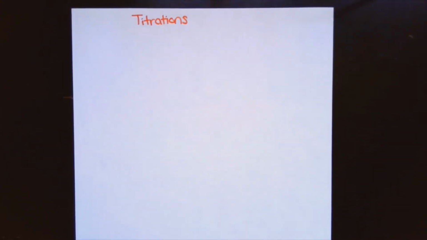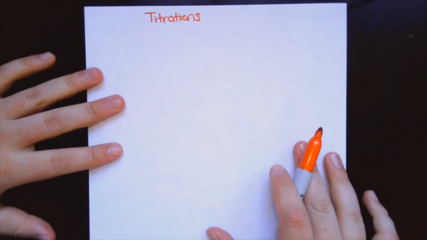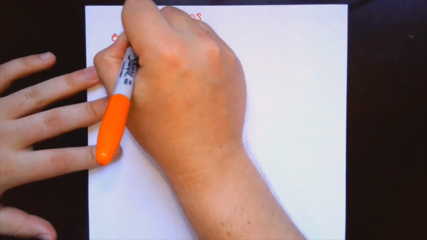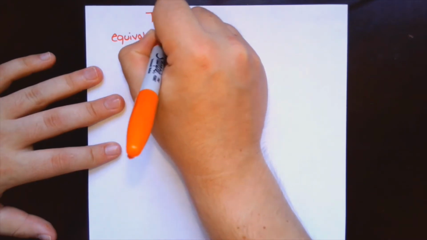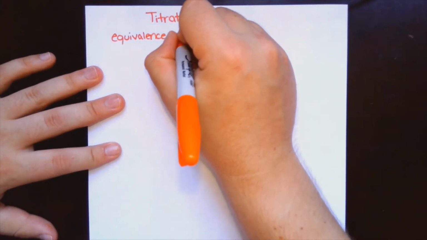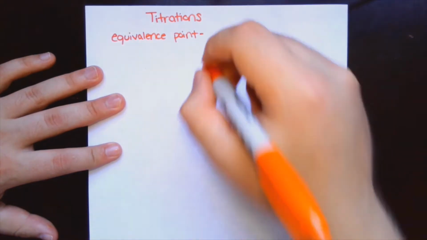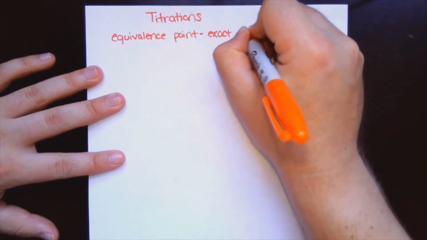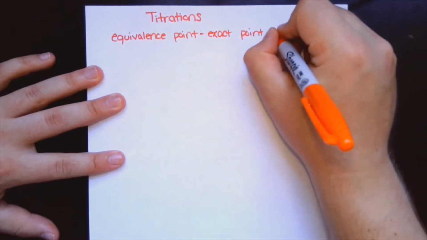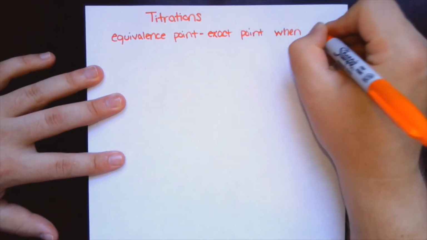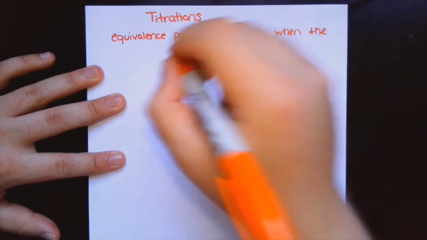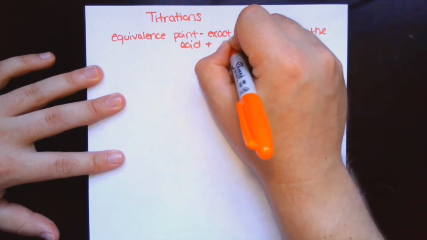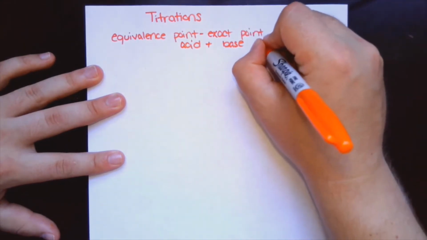In a titration, one term that you want to know is something called the equivalence point. Sometimes you'll also hear this referred to as the titration point, and that is the exact point when the acid and base are neutralized.